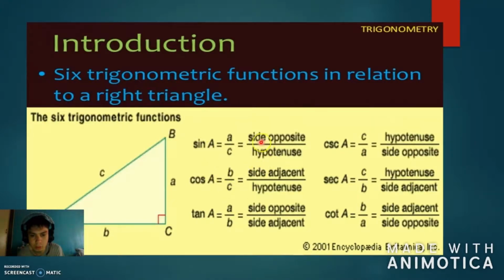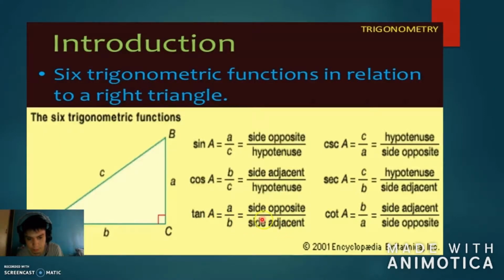We cannot use sine because we are finding the opposite but we don't have the hypotenuse. We cannot use cosine either because we're not finding the adjacent or hypotenuse. We can use tangent because we're finding the opposite and we have the adjacent.